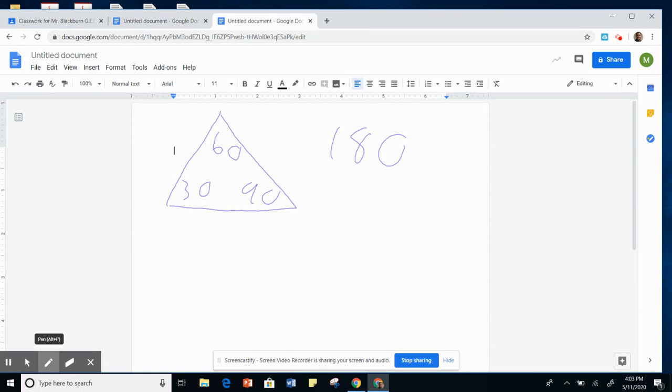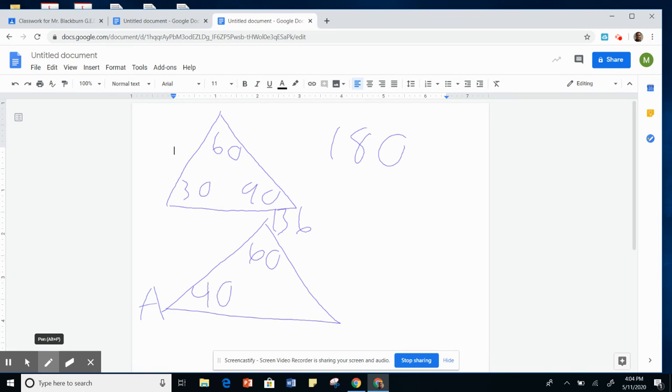Now, in order to find a measurement of a triangle, there's a couple things. There's two ways you could do this. Let's say angle A is 40, and let's say angle B is 60.